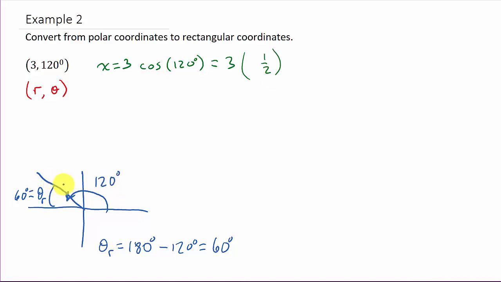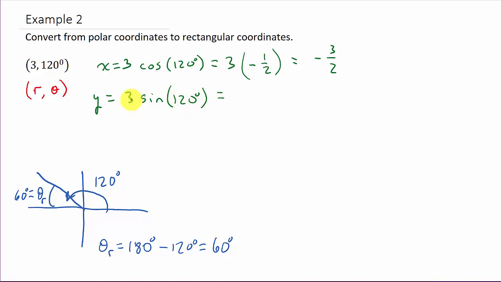And remember, all students take calculus. In the second quadrant, cosine is negative, so it's negative 1/2. And so this is going to give me negative 3/2. And then we'll find our y coordinate, which is r, which is 3, times sine theta, which is 120.